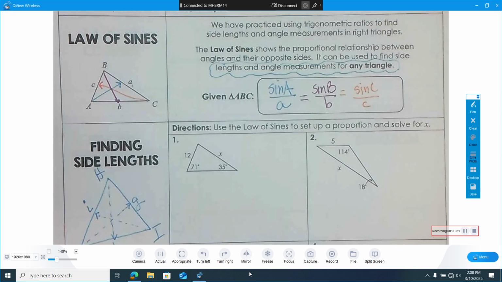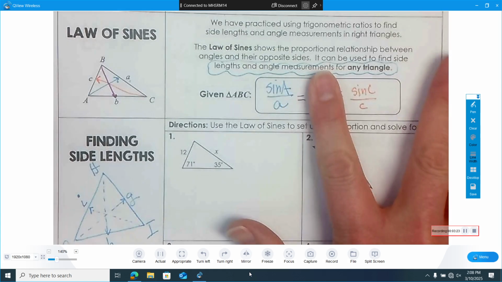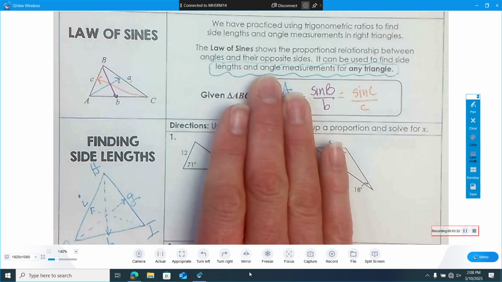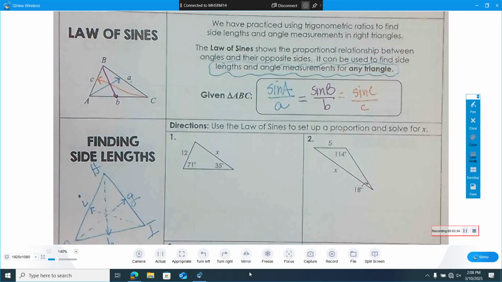We can use these little ratios to create a proportion, which we've been solving for weeks now. And that's all we're doing today. We're just writing proportions using the sine of the angle over the opposite side.